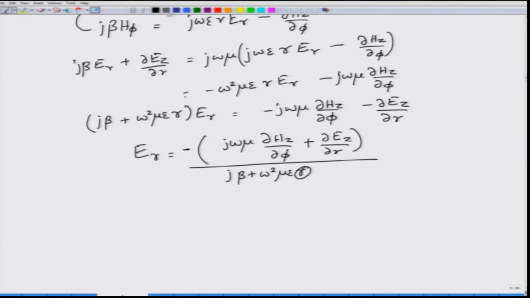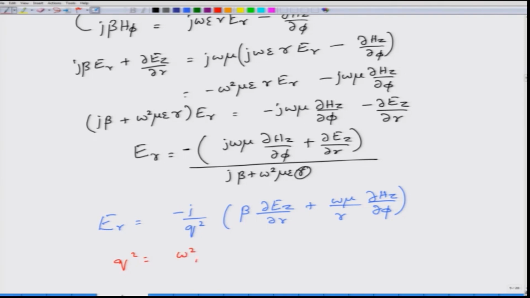What I would like to give you is the final expression. I would like to give this as an exercise to you. The result for E r in terms of Ez and Hz is that you get minus j by q square, there is beta del Ez by del r plus omega mu by r del Hz by del phi, where q square is given by omega square mu epsilon minus beta square.